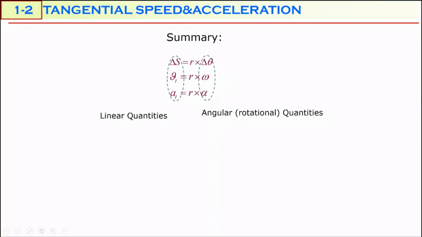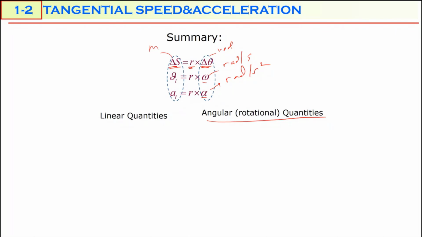In fact, delta theta, omega, and alpha, these three quantities are angular or rotational quantities, because they are all expressed in terms of angle: radian, radian per second, radian per second squared. Remember, we learned them all. If we multiply delta theta, angular displacement, by radius, we calculate the arc length, which is in meters.